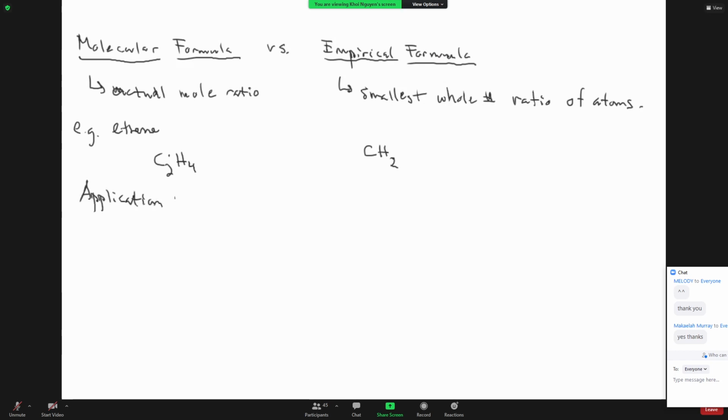of our stoichiometry to figure out our molecular versus empirical, and we're going to do what we call a combustion reaction. So we know combustion reaction analysis.